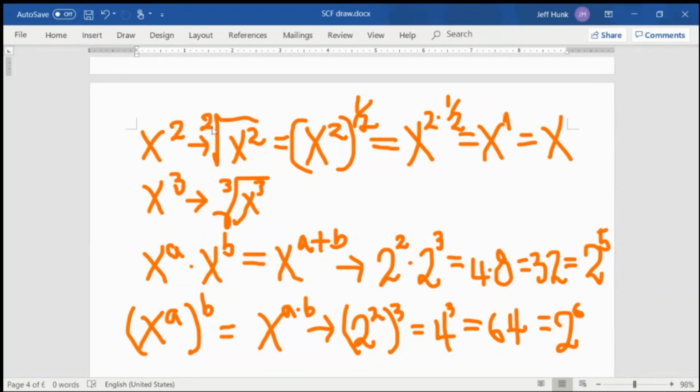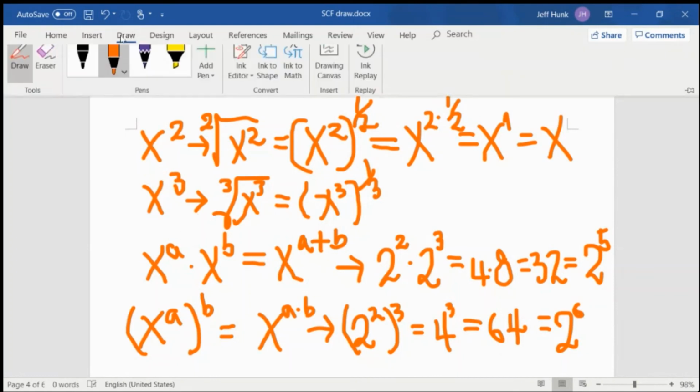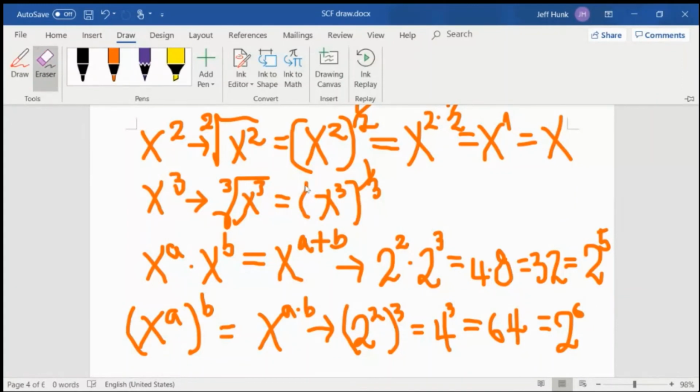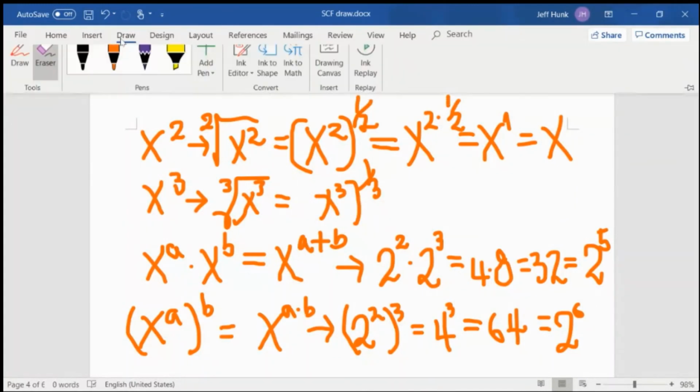Square root is also a radical, and it should be written this way. Another way of writing it is x cubed raised to 1/3. If raising to half power is square root, raising to the 1/3 power is the 3rd root, or cubic root.